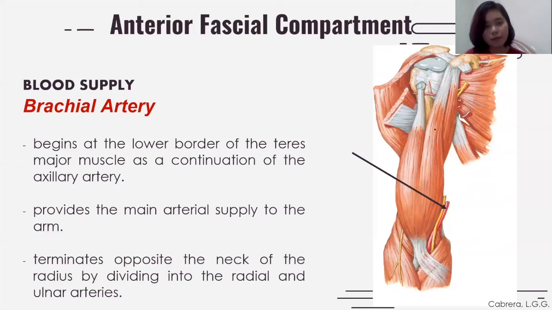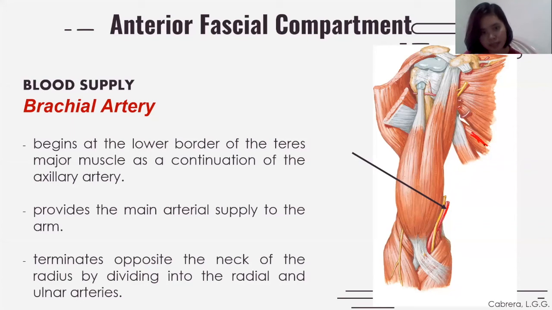For the blood supply, we have the brachial artery. So this is the brachial artery, which is the cut portion, and it begins at the lower border of the teres major muscle as a continuation of the axillary artery.